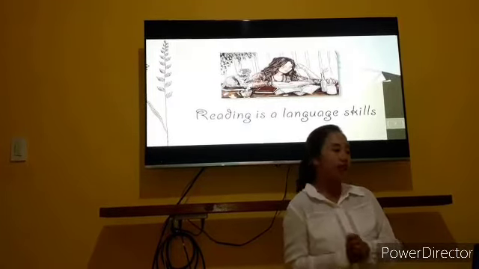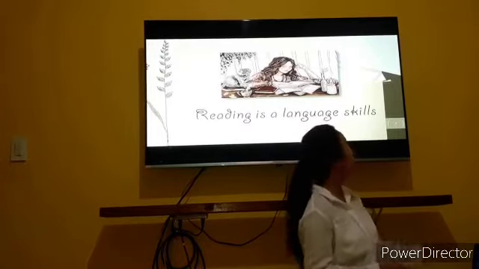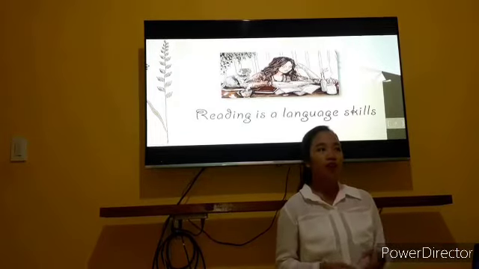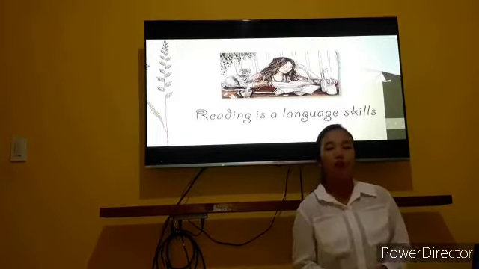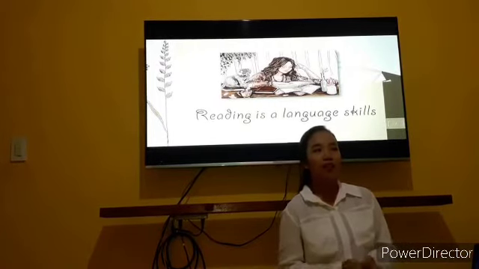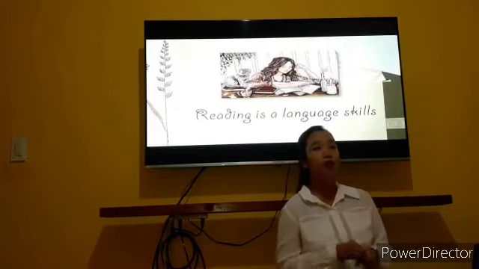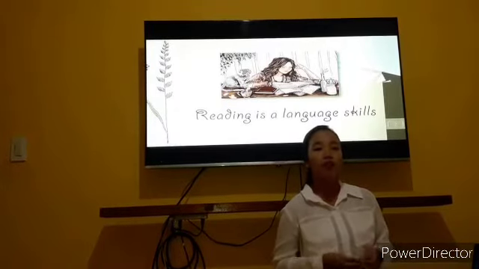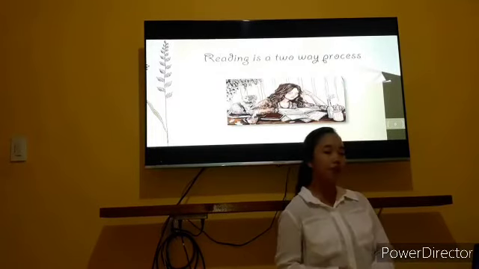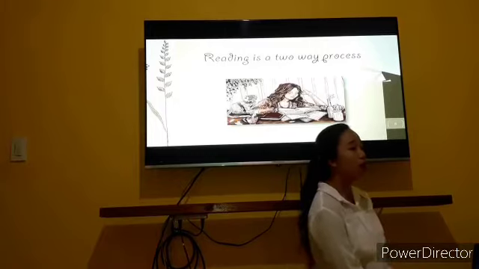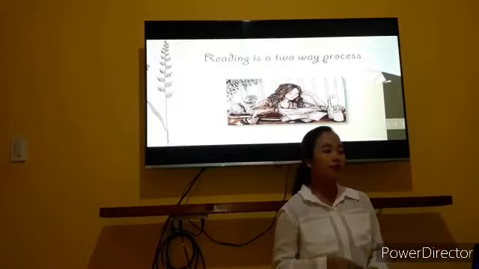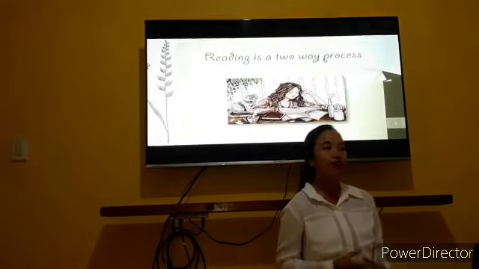That is oral drilling. And based also on language skills, like for us English students, we practice English as a language not only in the school setting but also in the house, so that we will be fluent in speaking it. Next, reading is a two-way process, which involves the interaction between the reader and the author, or the reader and the text.